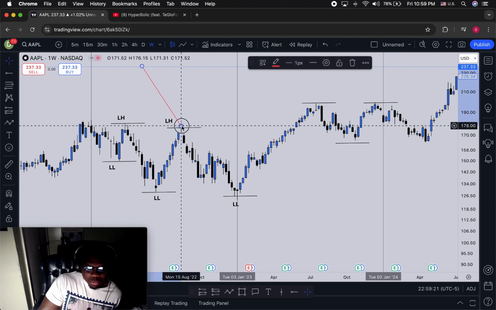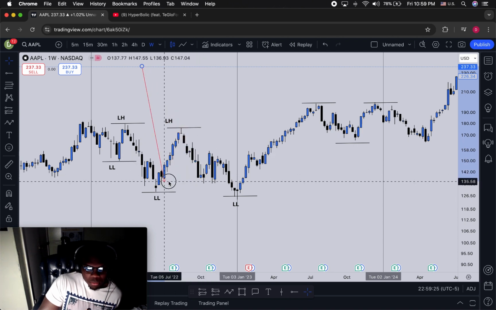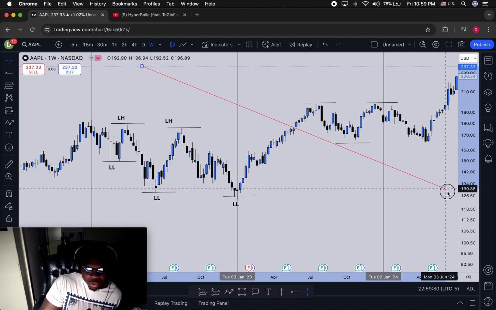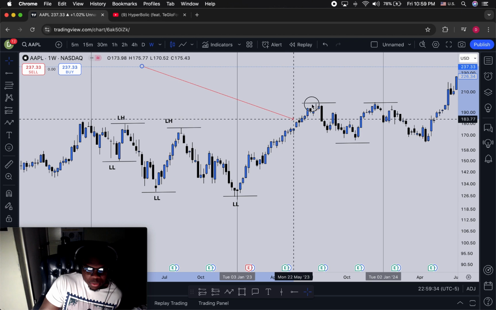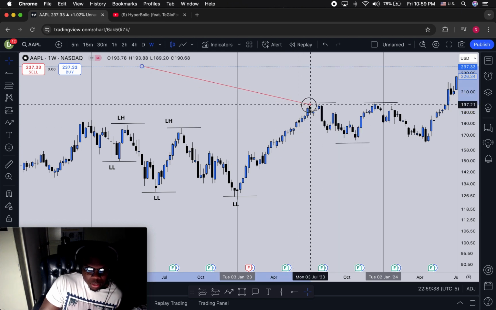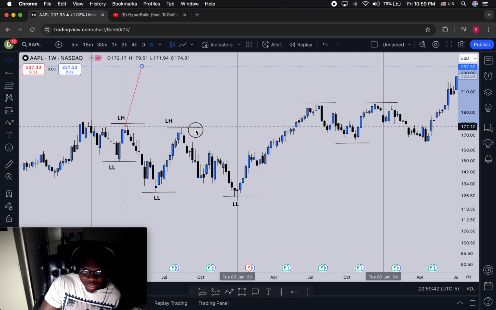Price creates a new lower low at some point in the future where I can put my money in at a lower price, 130 bucks, 140 bucks, 125 bucks, and then catch the ride up for more of a profit on my money, versus coming in at a seemingly high price.